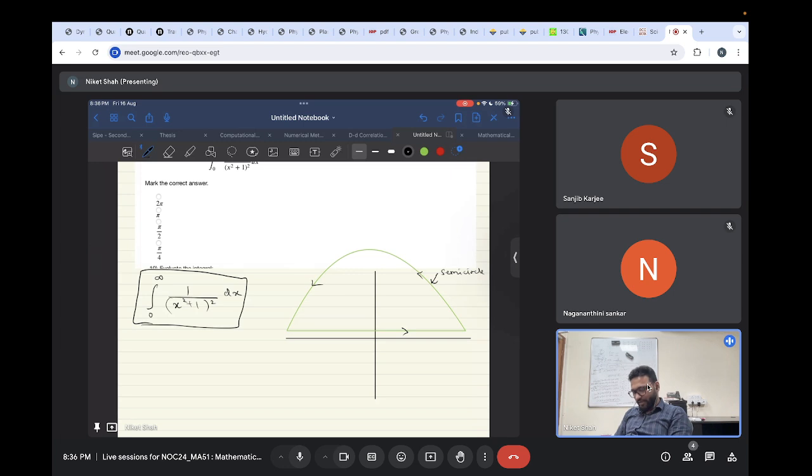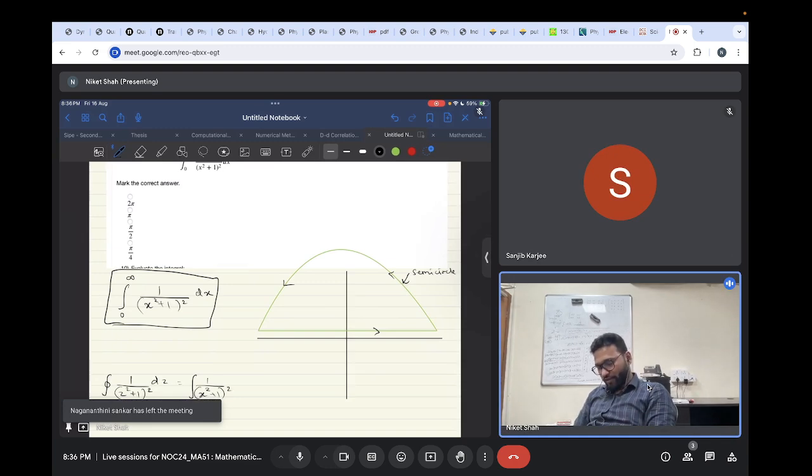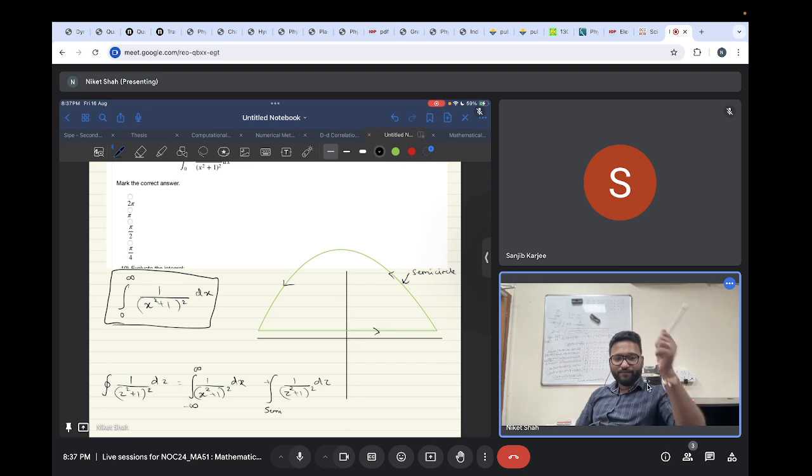What I'm saying is, basically cyclic integral 1 by z square plus 1 the whole square dz over this loop can be broken down into parts like this. So it can be 1 upon x square plus 1 the whole square dx going from minus infinity to infinity, plus 1 divided by z square plus 1 the whole square dz in this semi-infinite circle.